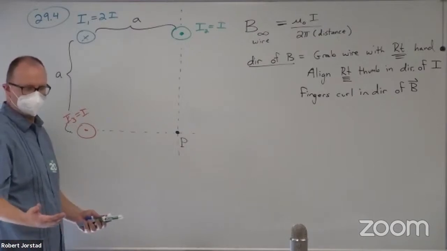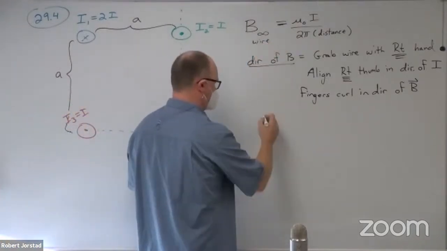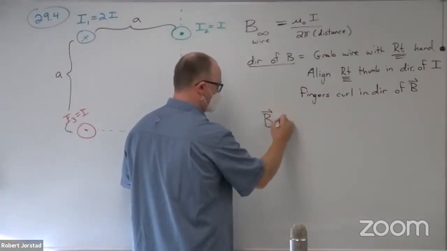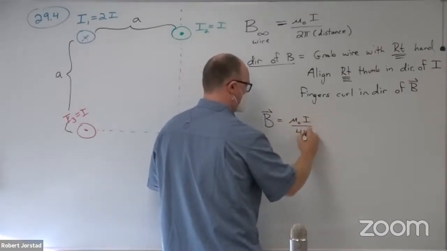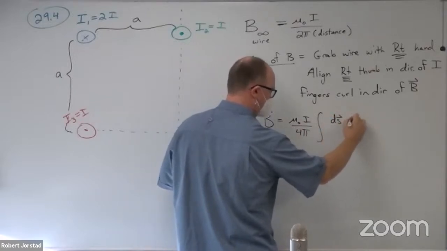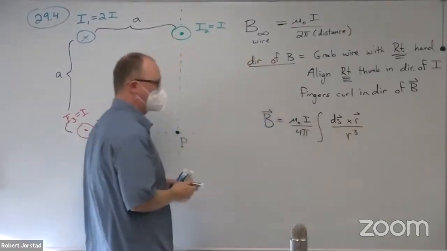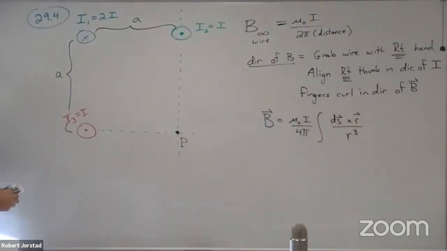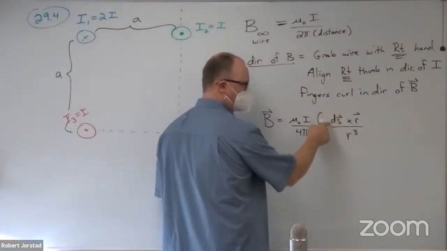It's hard to see. Let me give you another equation. Do you remember that this one came from this equation? This is the Biot-Savart law, and so hidden inside of here is the Biot-Savart law, and I think this will help. dS is like the direction of the current.